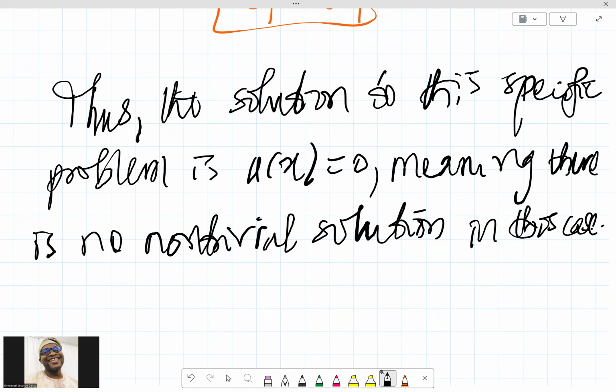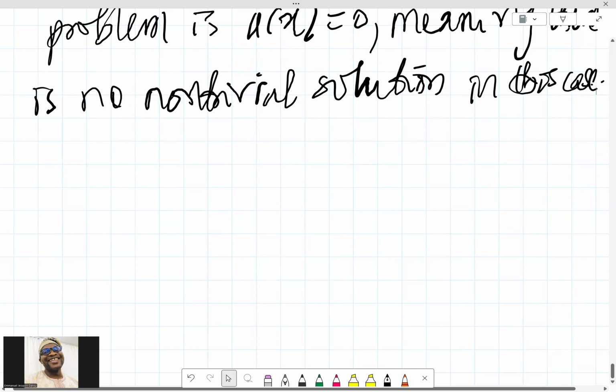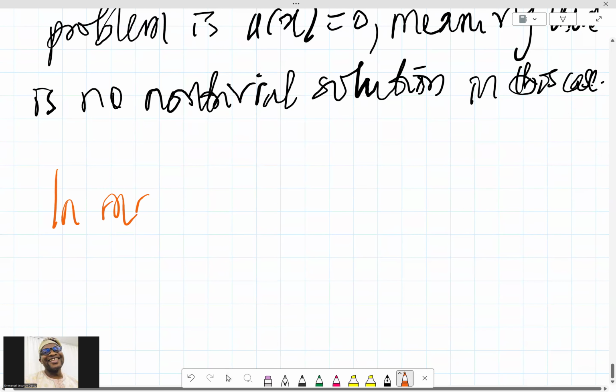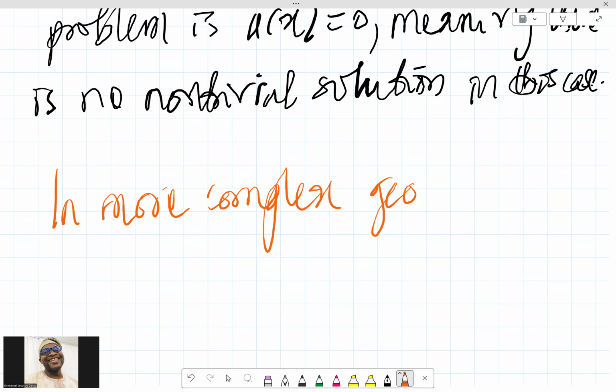Okay. Now, if we go two-dimensional, things can become more complicated. Here we are talking about a one-dimensional rod. If you go two-dimensional, where we have x and y, we may not expect to have this kind of result.